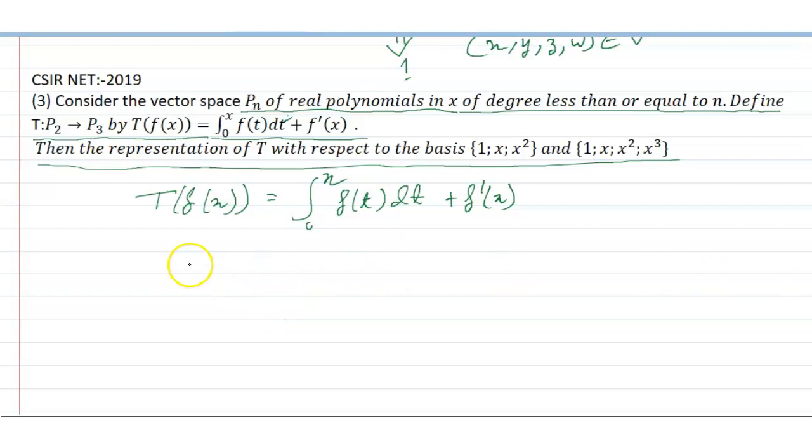This is my T. Notice that this is my domain and this is my codomain. So first is T of 1.